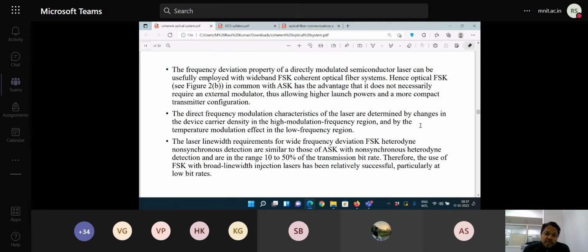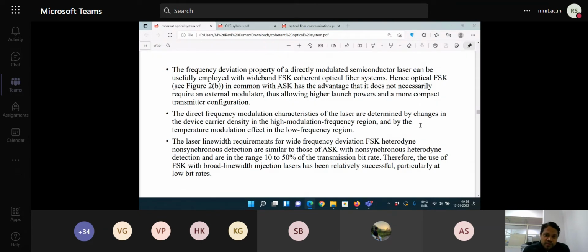Of course, temperature plays a part. The temperature of the laser defines which mode is actually emitted by the laser, and if there is a change in temperature of the laser, then the mode which is being emitted can change and give rise to a different frequency.